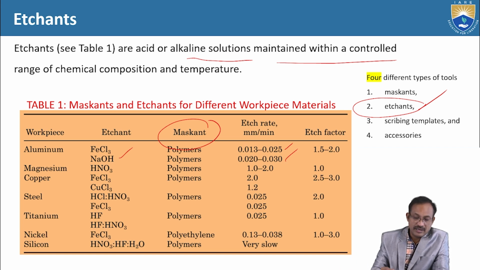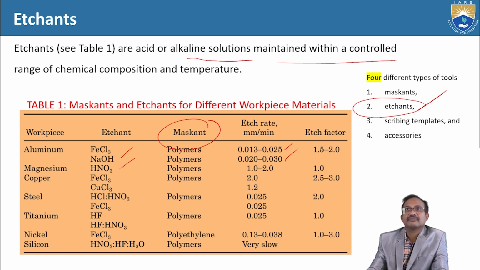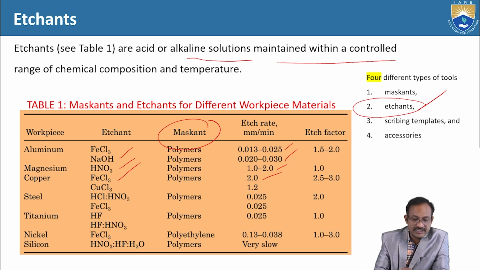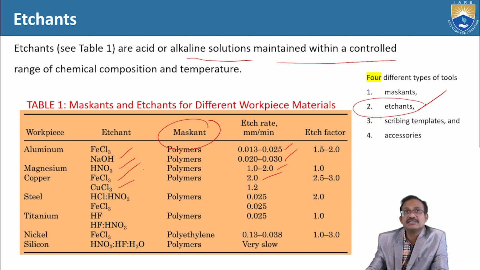For HNO3 with the material magnesium, the etch rate is 1.0 to 2.0 millimeters per minute. For FeCl3 with the copper material, the etch rate is 2.0. For the same copper material, when the etchant is CuCl3, the etch rate is 1.2.